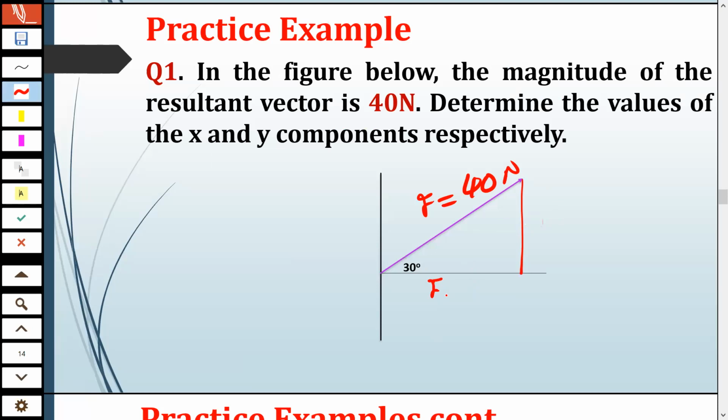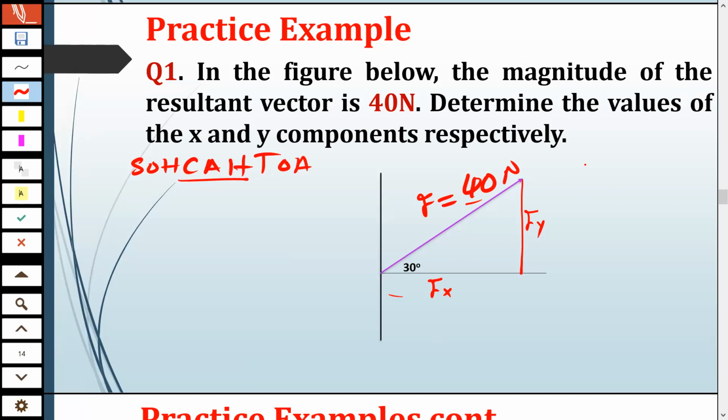So we have the force in the x, we also have the force in the y. The force in the x is the adjacent. So we have the hypotenuse and the adjacent. And from SOHCAHTOA, we know that the one that has the adjacent and the hypotenuse is cos.